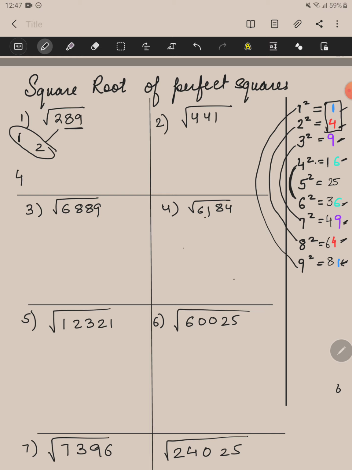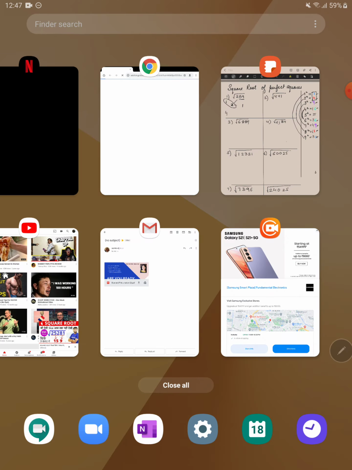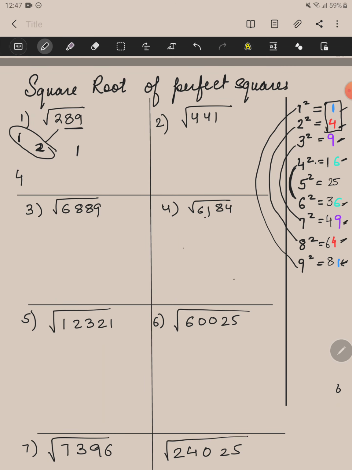I am going to use this somewhere in the trick. Always I will take the square root of the smaller square number. So 1. Okay, so my first digit is done.